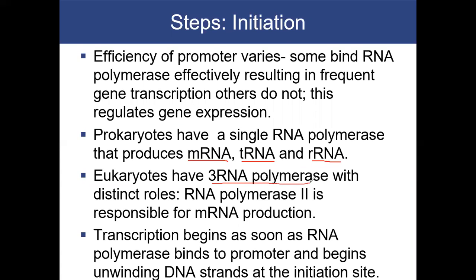Polymerase 2 is the one responsible for making the mRNA. So we can say that transcription begins as soon as that polymerase binds to the promoter and starts to unwind the DNA strand.